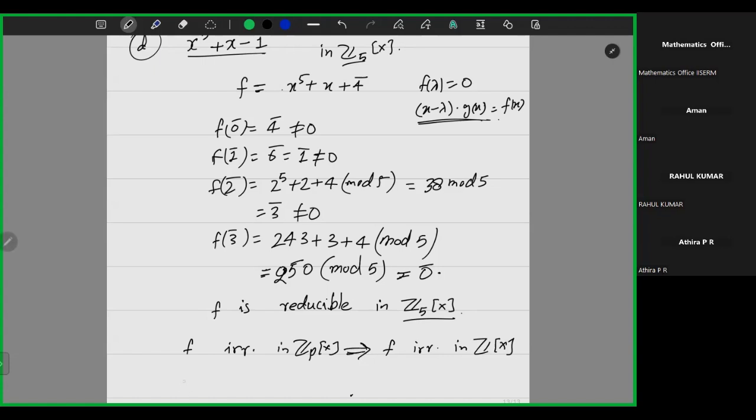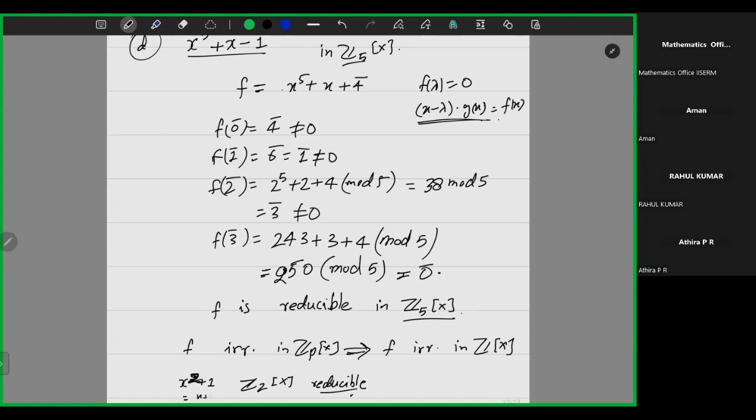For example, you take x^3 + 1, or x^2 + 1 in Z2[x], it is reducible, right?